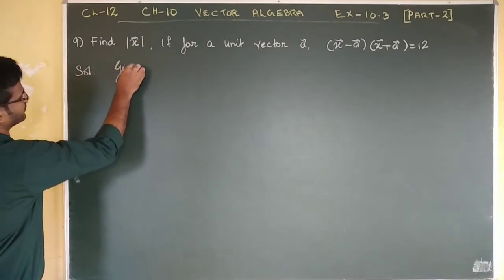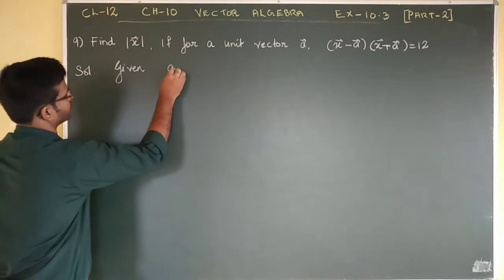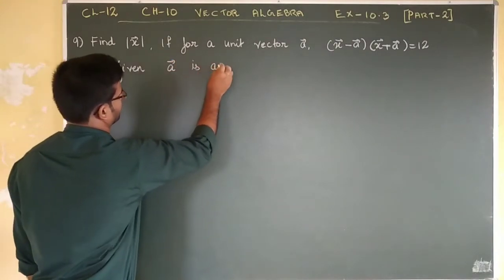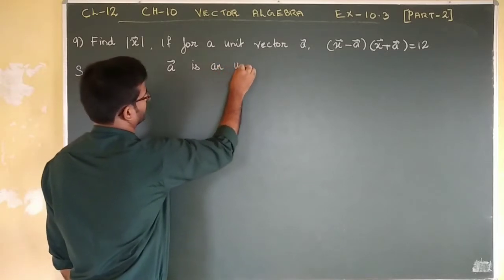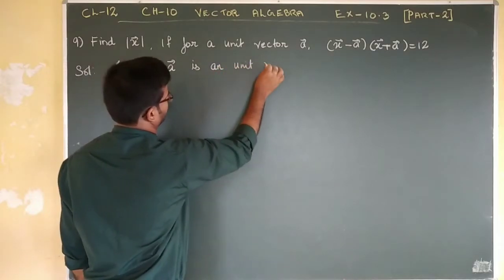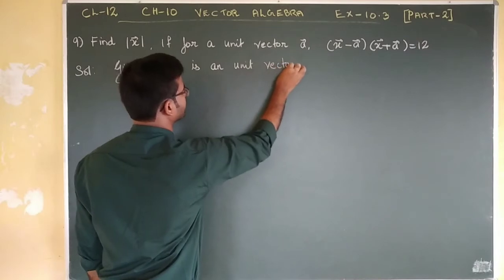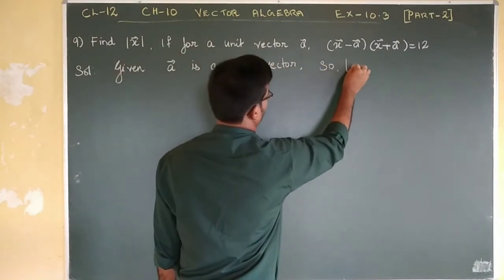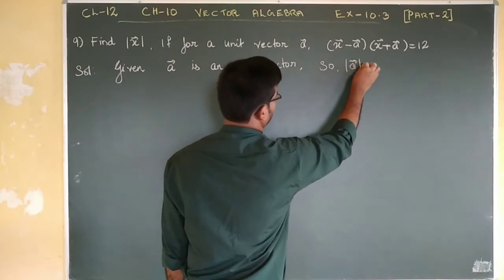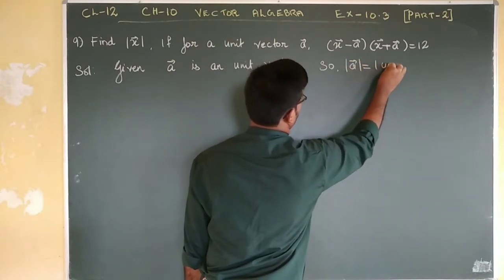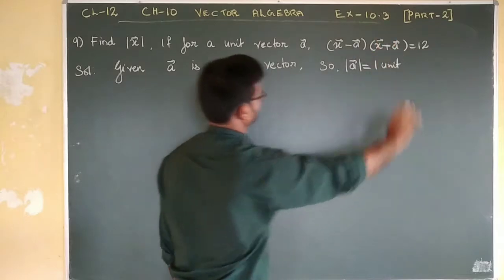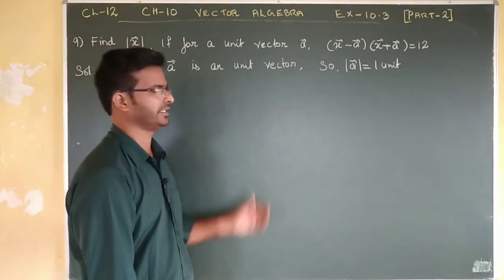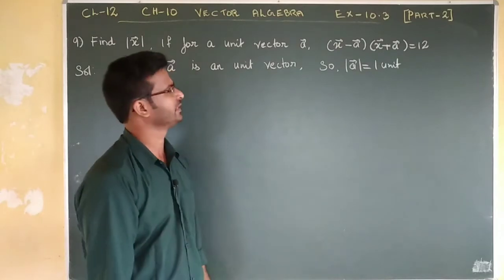Given A vector is a unit vector. So magnitude of A vector equal to 1 unit, because that is a unit vector, already given in this question.